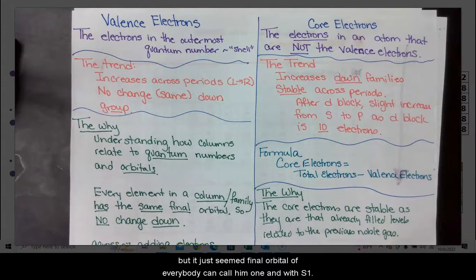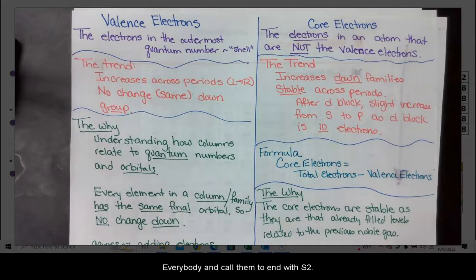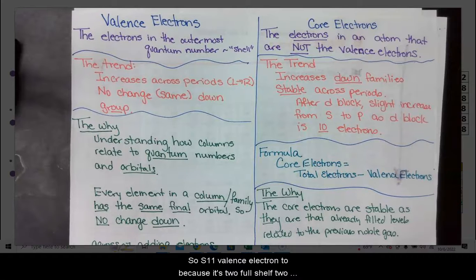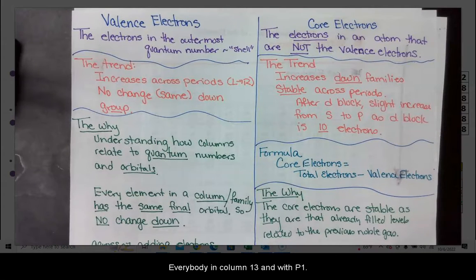So everybody in column 1 ends with S1. Everybody in column 2 ends with S2. So S1, 1 valence electron. S2, because it's a full shell, 2 valence electrons. Everybody in column 13 ends with P1.